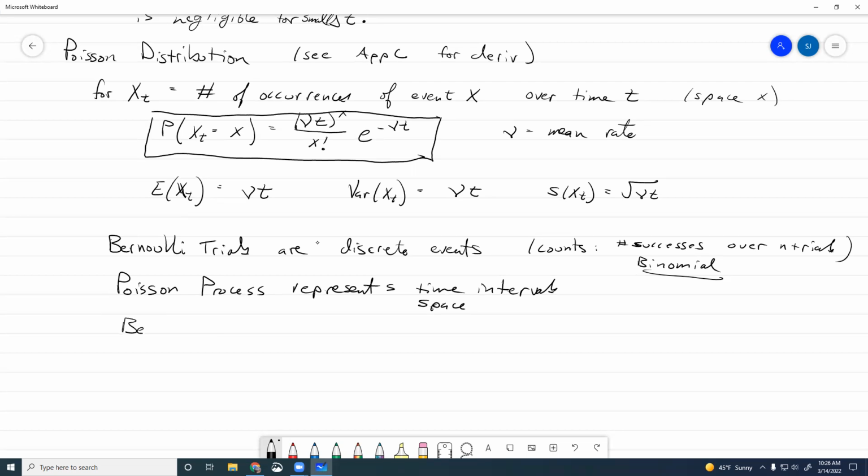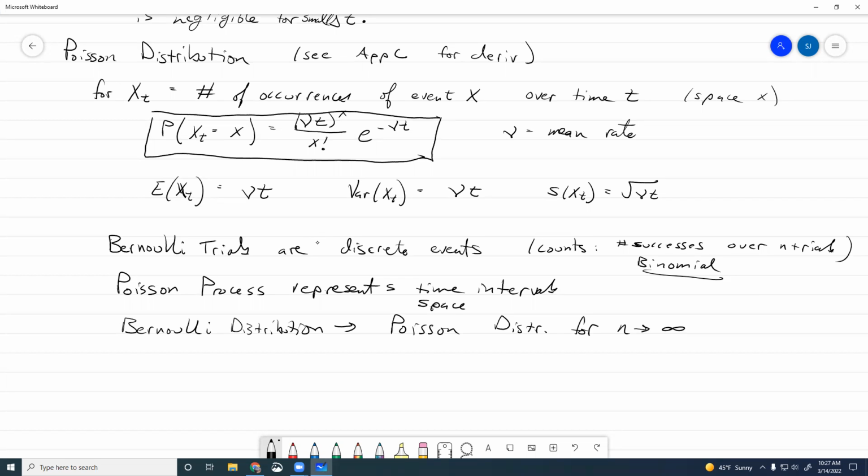And we know mathematically that the binomial distribution approaches the Poisson distribution as n approaches infinity. So as we keep increasing our Bernoulli trials out and out and out, then we end up, in the limit, with the Poisson distribution.